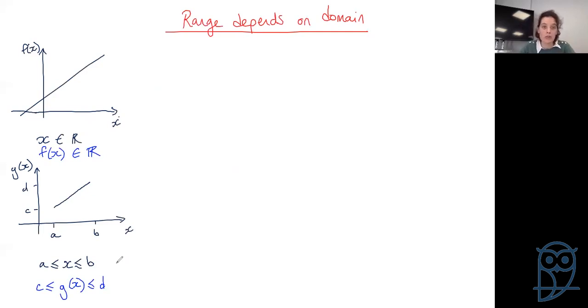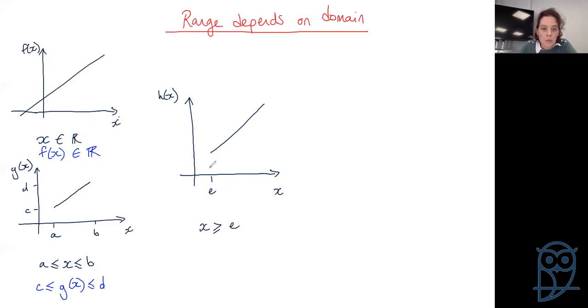We don't have to crop it in 2 points. We could just crop it at 1 point. We could say something like this. So this is now another domain, so it is another function name. Let's say this is E. We can say now that x is greater than or equal to E. Well, we can see then any value up to the top we can get, but we can't get anything lower than f.